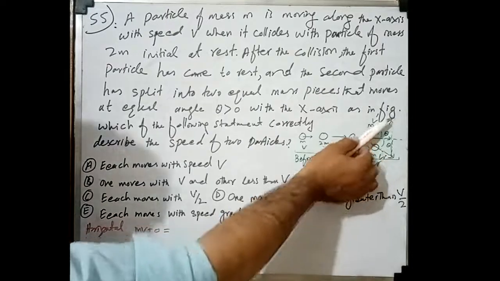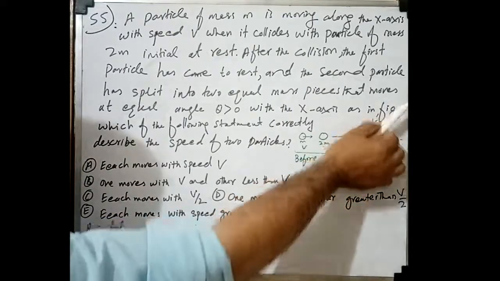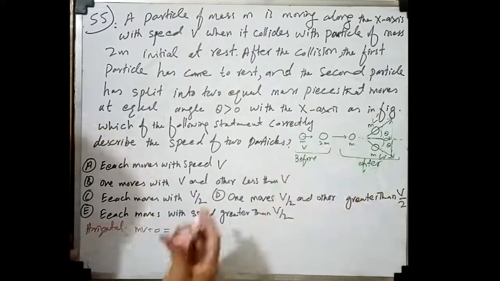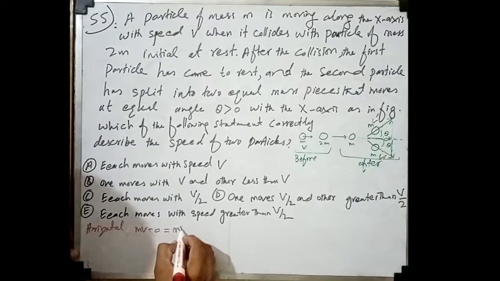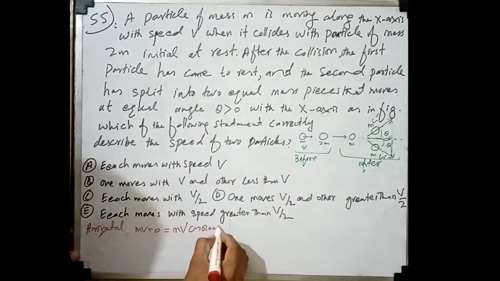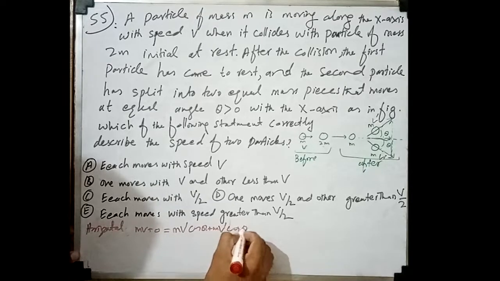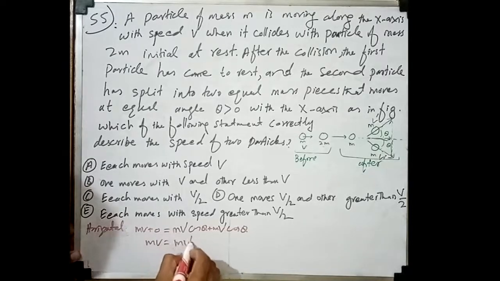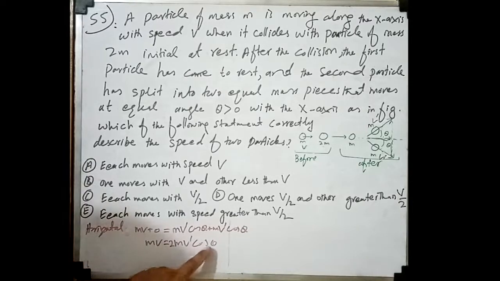This is momentum mv prime in this direction, this is theta, so this will be mv prime cos theta for this one, and also for this one mv prime cos theta. So this will add up, and mv equals mv prime cos theta plus mv prime cos theta.